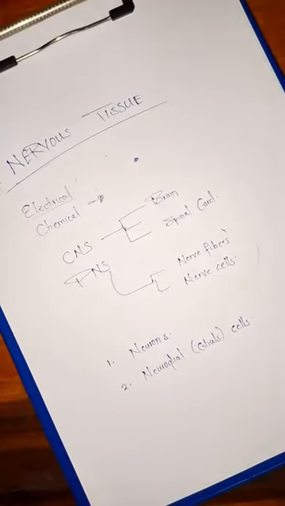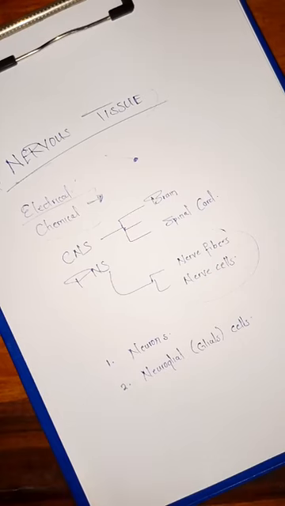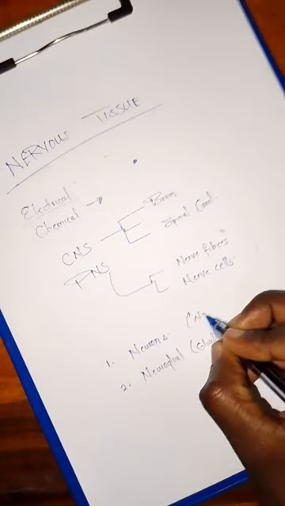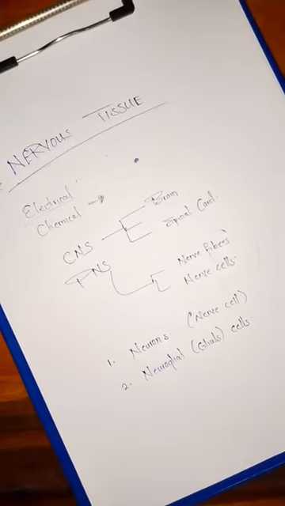These neurons are the functional unit of the nervous system because they are the ones involved in receiving, processing, and transmission of information in the form of electrical or chemical signals. Neurons are also known as nerve cells, so if you say nerve cell or neuron, you're basically talking about the same thing.